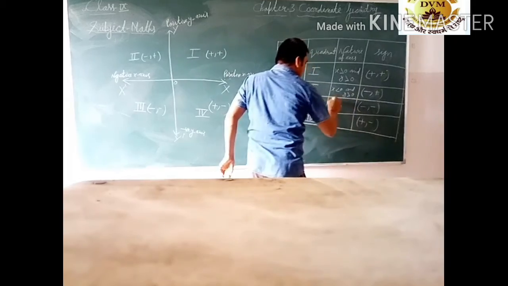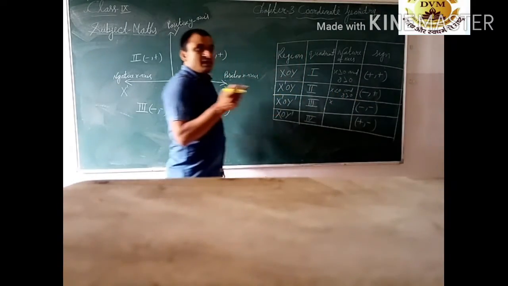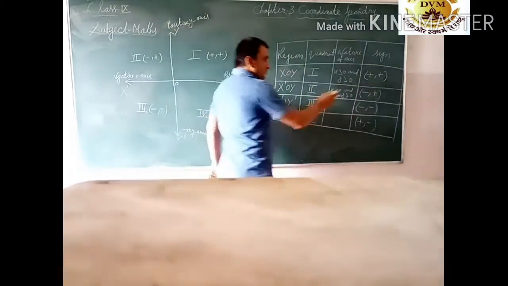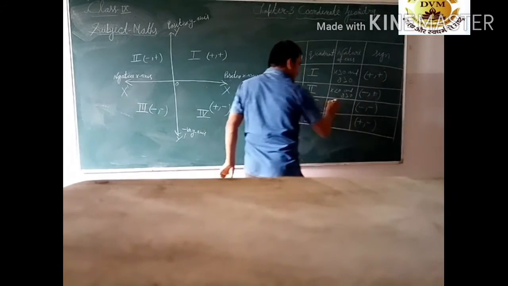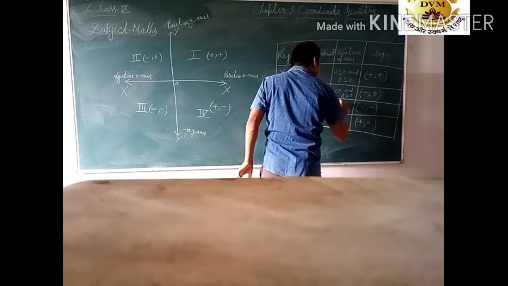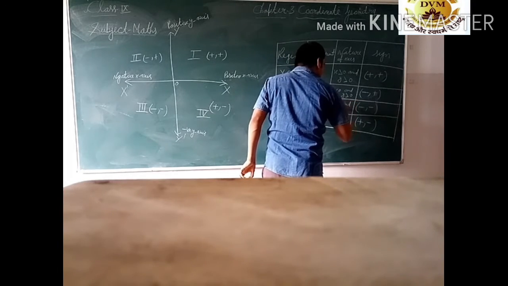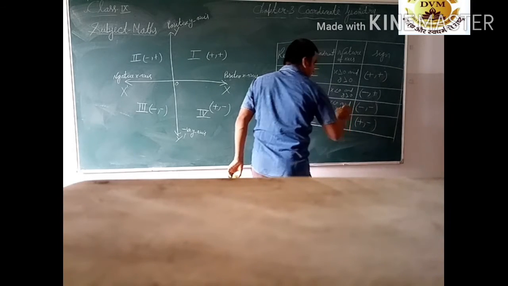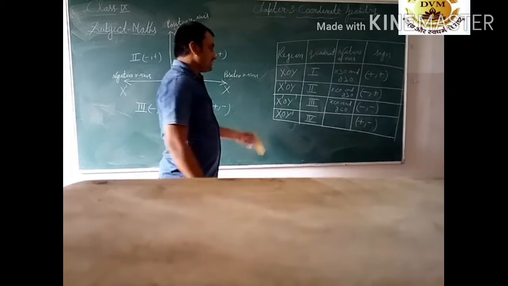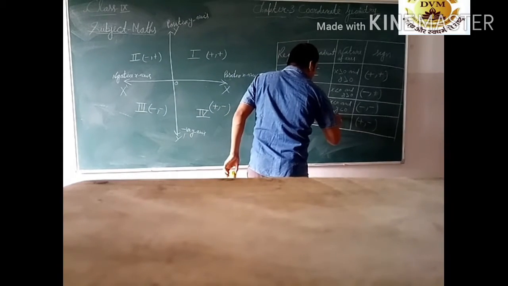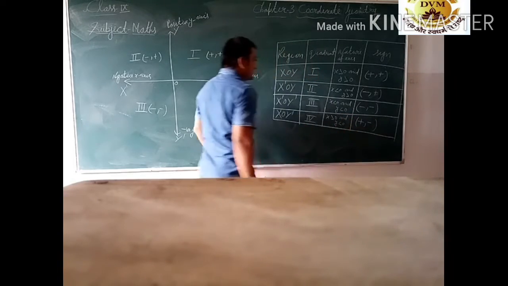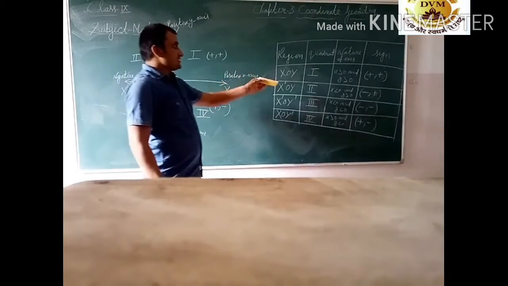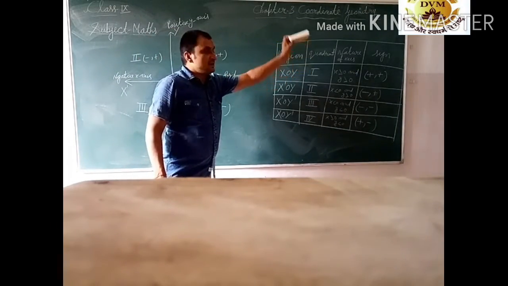In this both should be less than 0 because both are negative, so x is less than 0 and y is less than 0. In fourth quadrant x is positive, so x is greater than 0 and y is less than 0. This is the nature of axis, region, quadrant and sign.